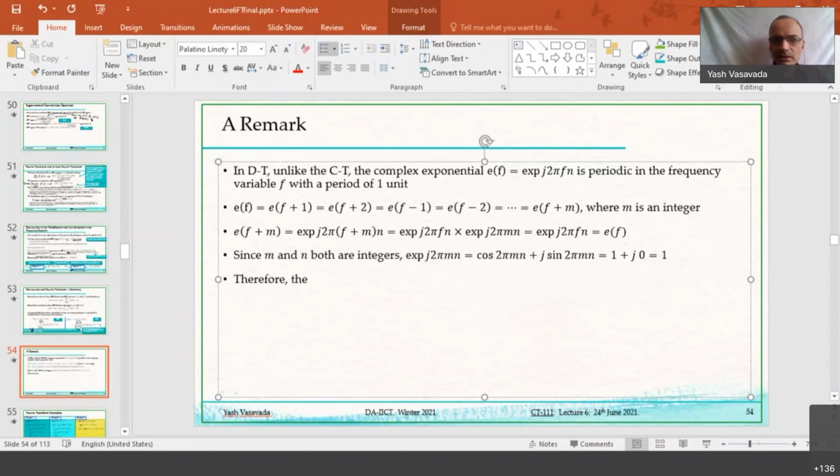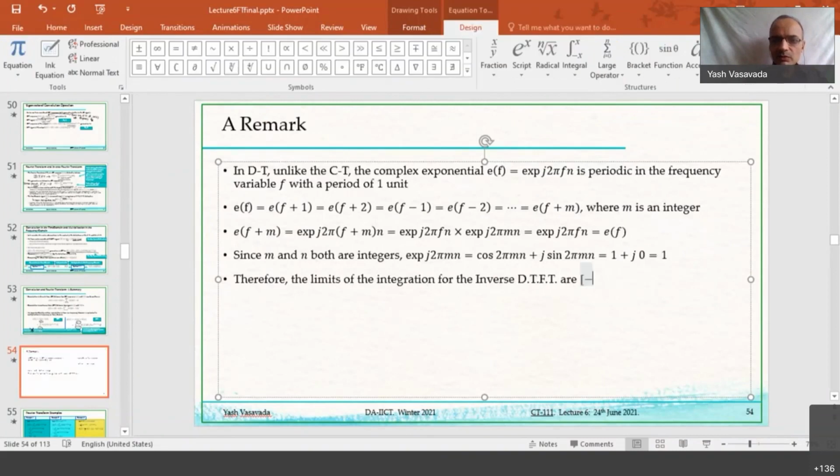The limits of the integration for the inverse discrete time Fourier transform are minus 0.5 to 0.5.